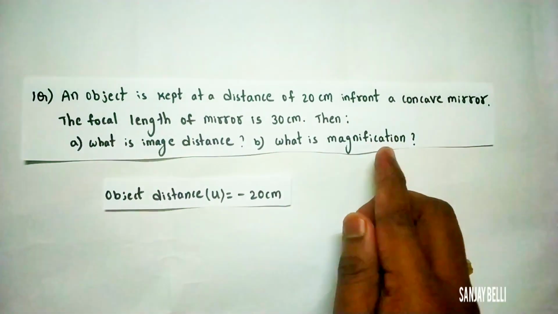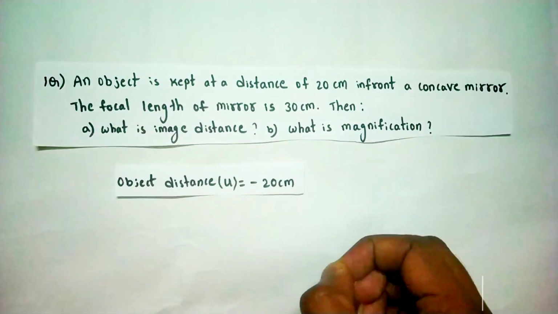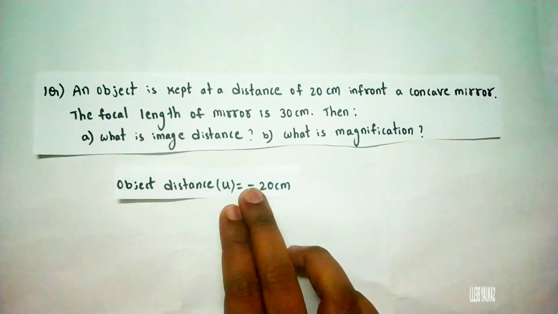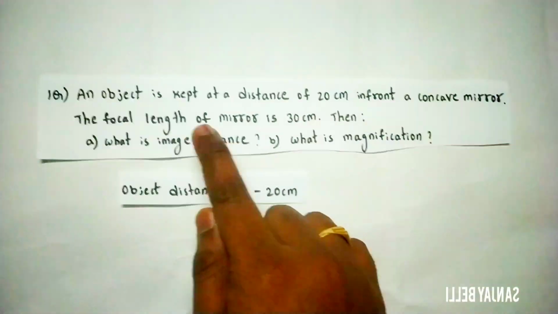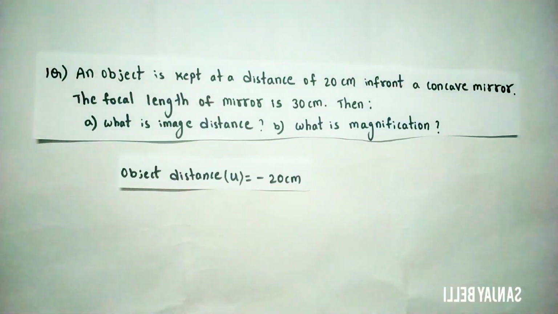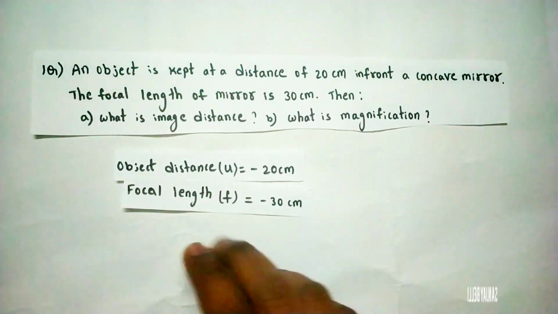In concave mirror, according to sign convention rule, object distance and focal length will be taken as a negative sign. So U equals to minus 20 and focal length of the mirror is 30 centimeters, so now you got F equals to minus 30 centimeters.